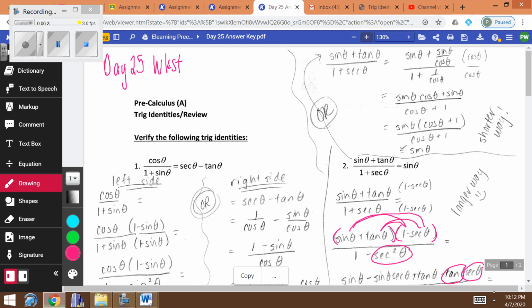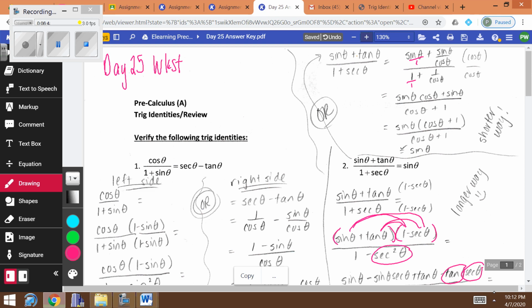So everything can be changed into sine and cosine. That's what I started with here. So the sine plus the sine over the cosine, and then over the 1 plus 1 over cosine. So I changed the tangent and the secant. Now, a couple things you could have done from here. You could have gotten common denominators on both of these. But when I looked at it, I'm like, well, okay, look, this entire numerator, my common denominator would be the cosine.